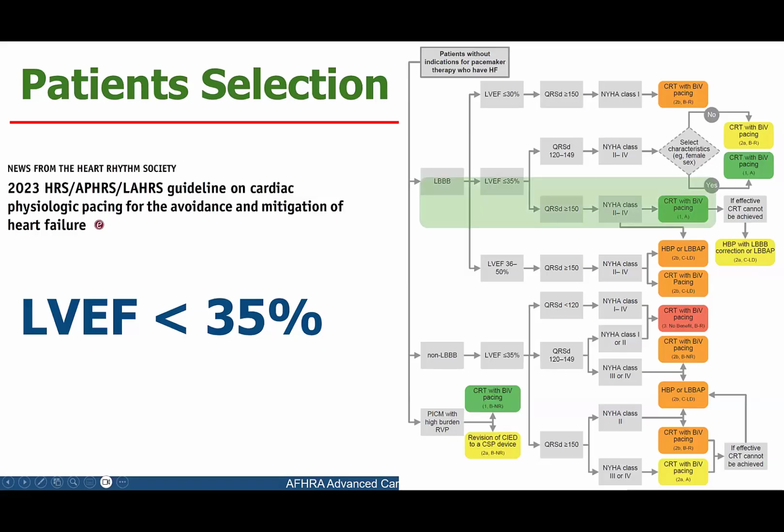They have a clear indication to go for biventricular pacing as the way for cardiac resynchronization. In other indications with a lower level of recommendation for biventricular pacing, like those with non-left bundle branch block morphology, we can go with either biventricular or conduction system pacing.